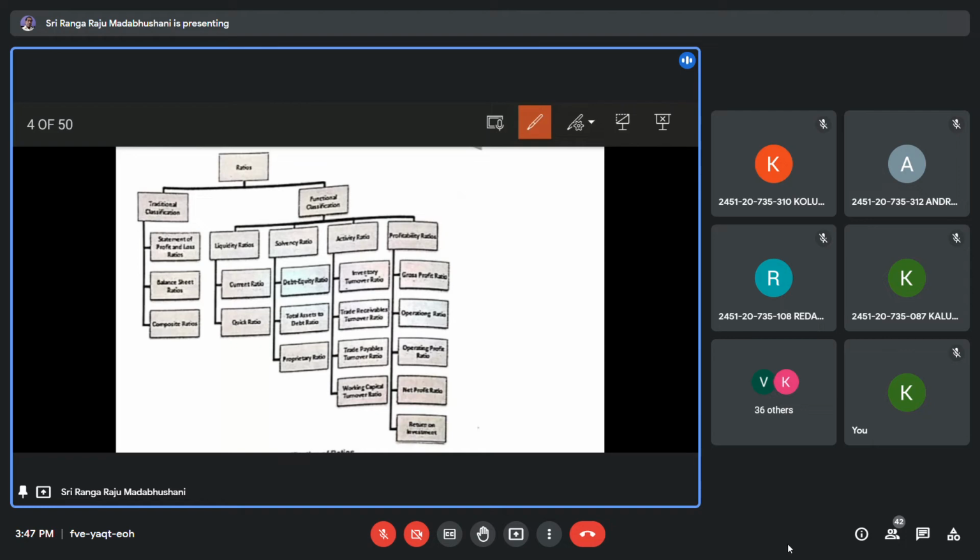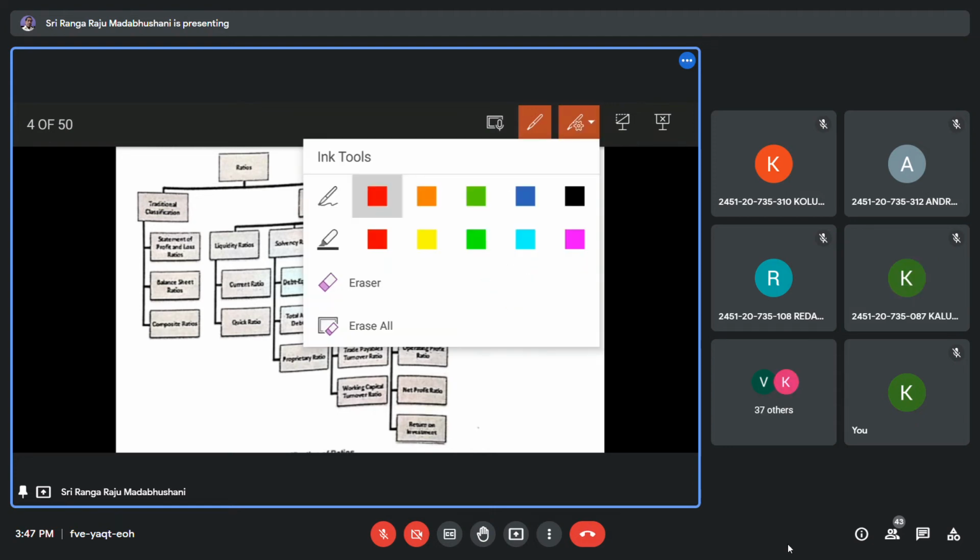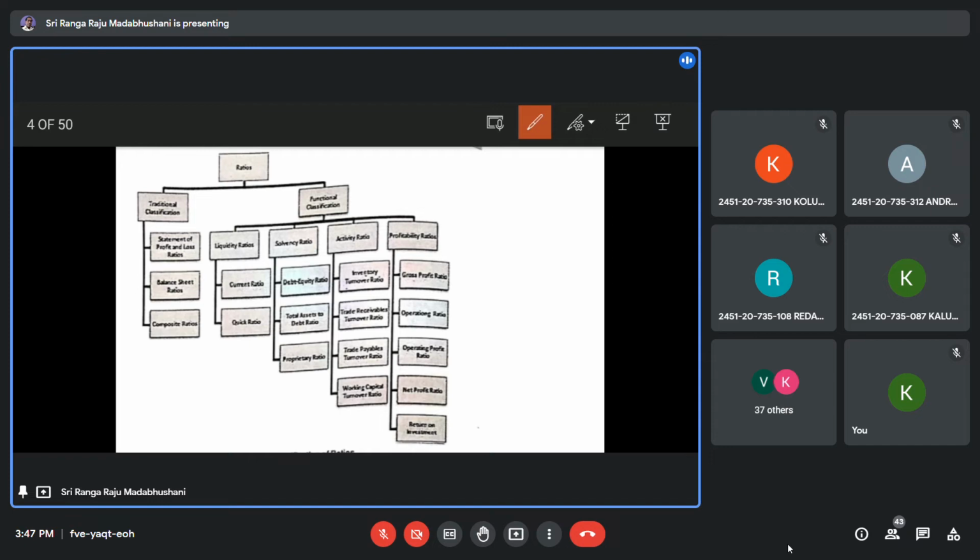So that is the trade debtors or trade receivables turnover ratio. Here we will include debtors plus bills receivable, collectively called receivables. So that indicates the turnover of receivables. That is the receivable turnover ratio.